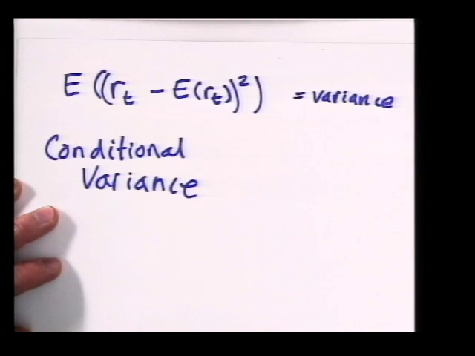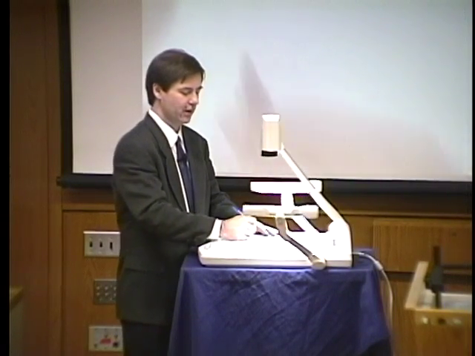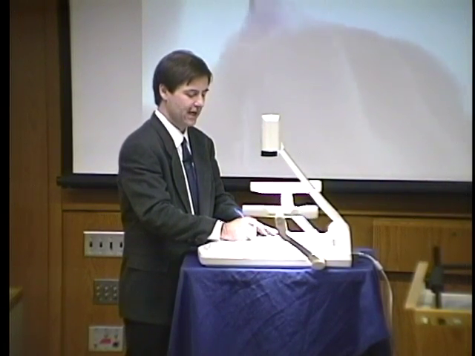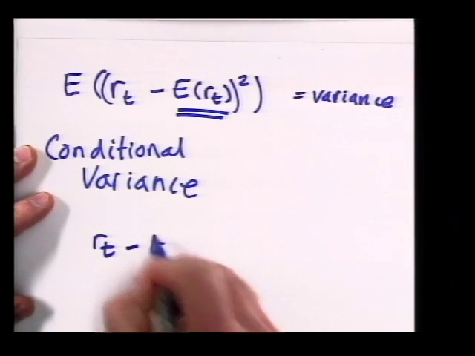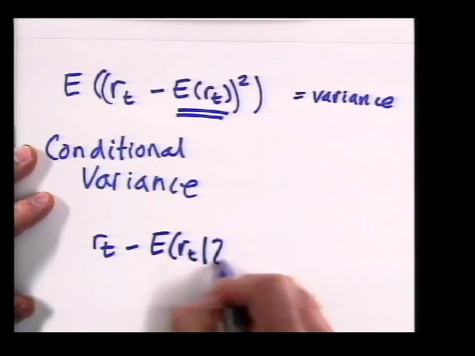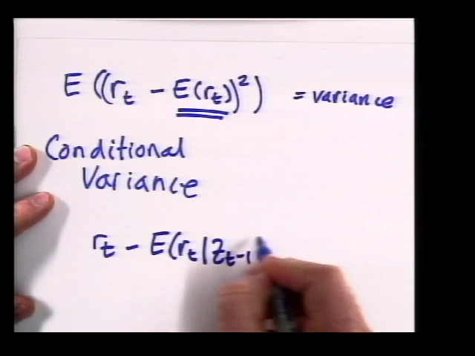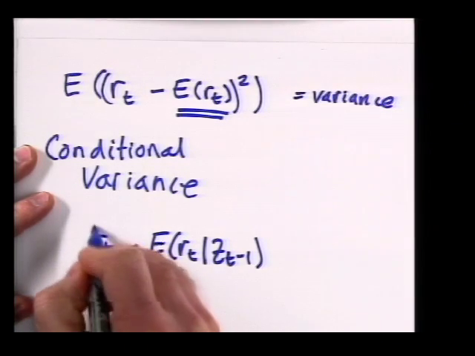So when we're using conditioning information, we're not going to use the overall average of R t here. So what we actually want to do is to take R t, which is in one column, subtract off the expectation of R t, and then we're going to square that.